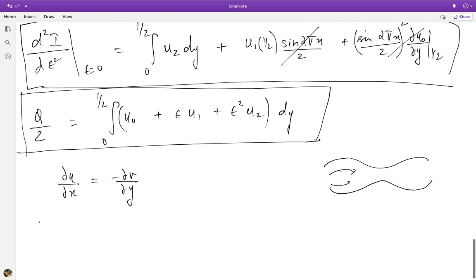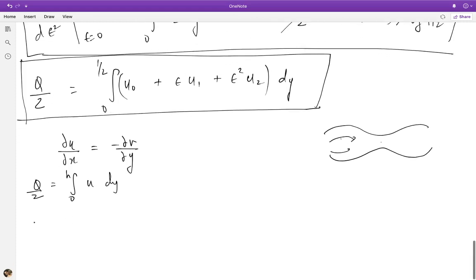And I know again for the full problem that q is just the integral of u. Let's say q by 2 is the integral of u from 0 to h. Then I can say that half dq/dx is just d/dx of the integral from 0 to h of u dy.